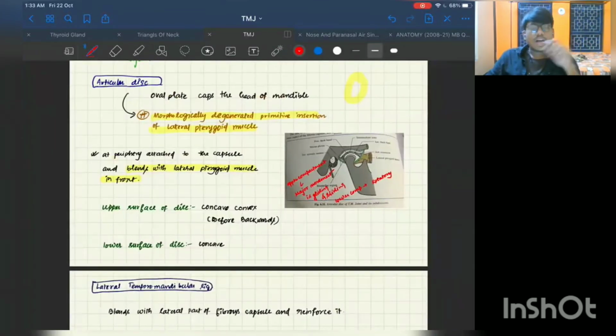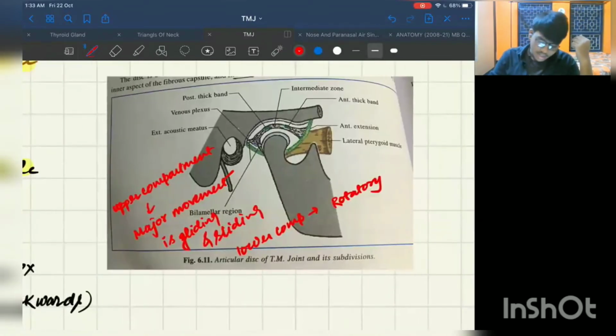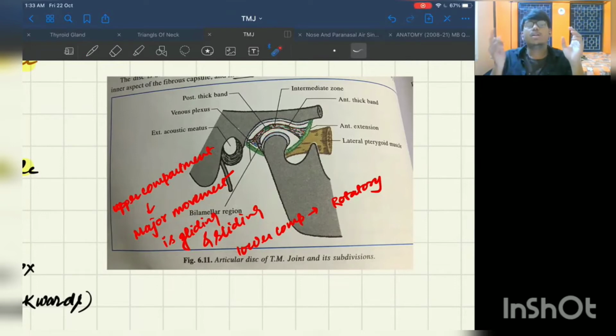One more thing. The articular disc is attached to the capsular ligament in its periphery. You can clearly appreciate in this diagram that these green ones denote the capsular ligament, and this one is my articular disc, which is attached to this capsular ligament in its periphery, right?